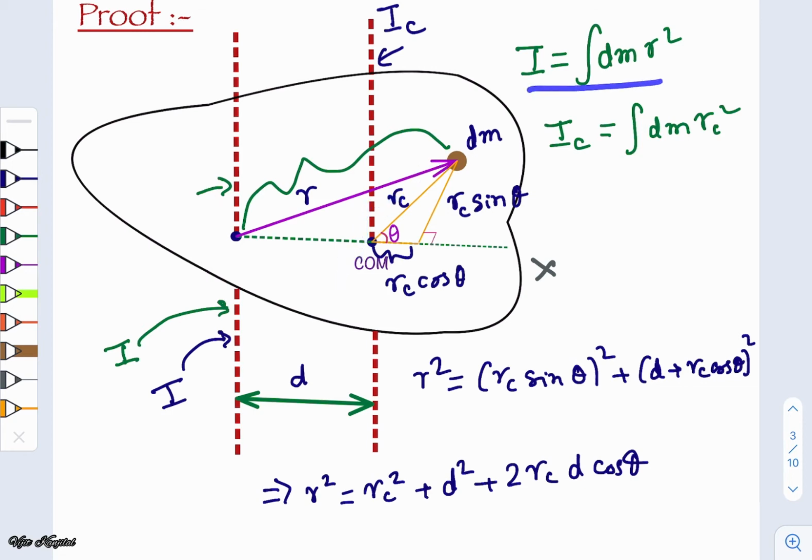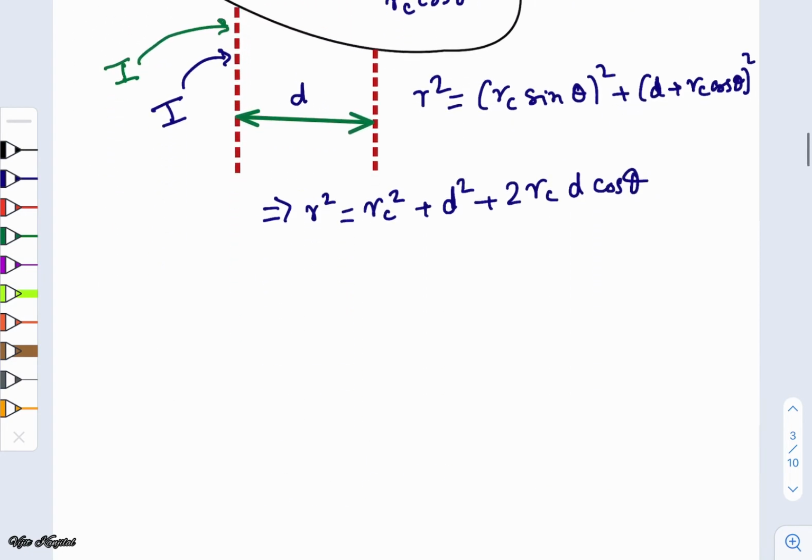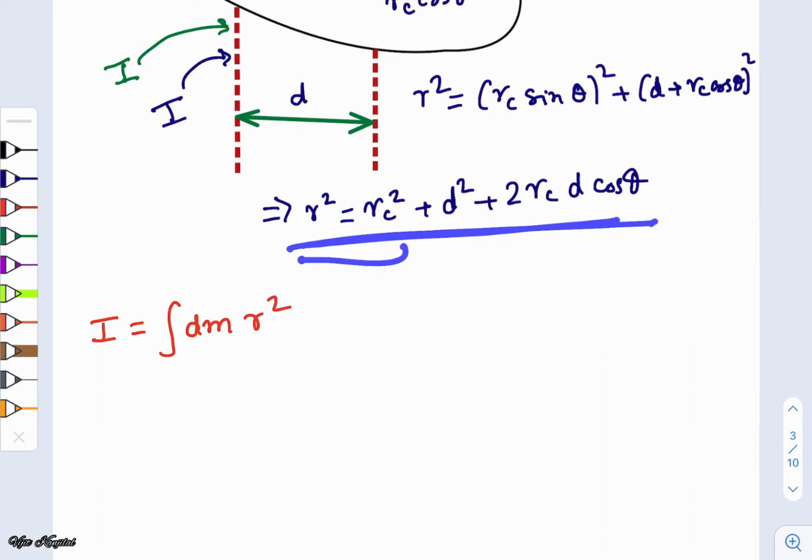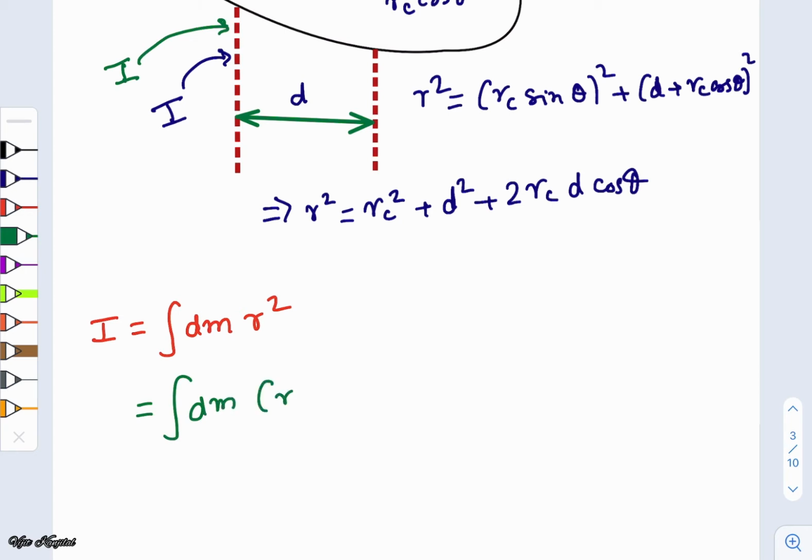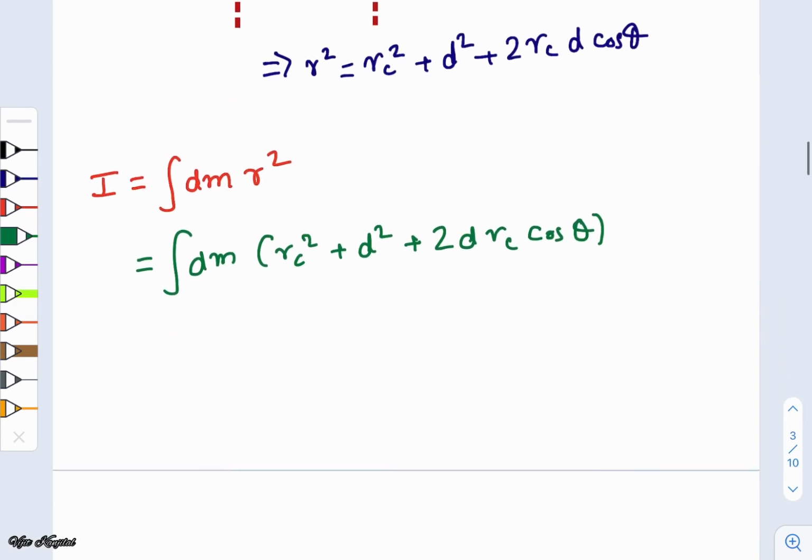So let us use these two equations. I is the integral of dm r squared. Now let us use this equation in this equation. So this reduces to the integral of dm times rc squared plus d squared plus 2d rc cosine theta. So what do we get?